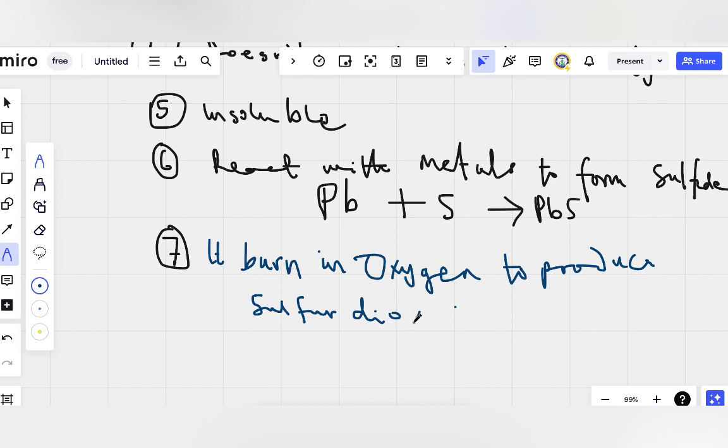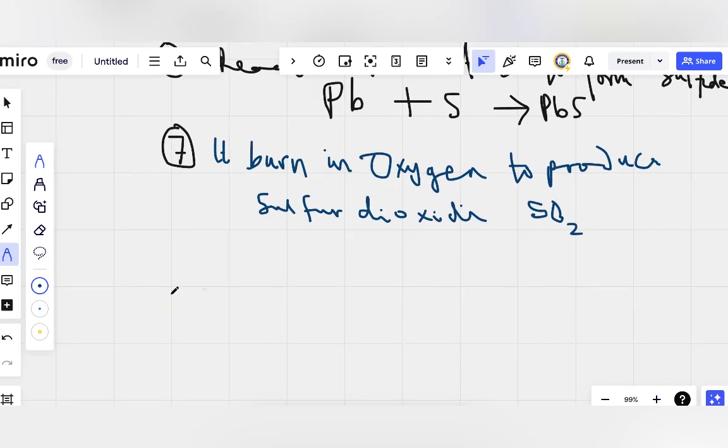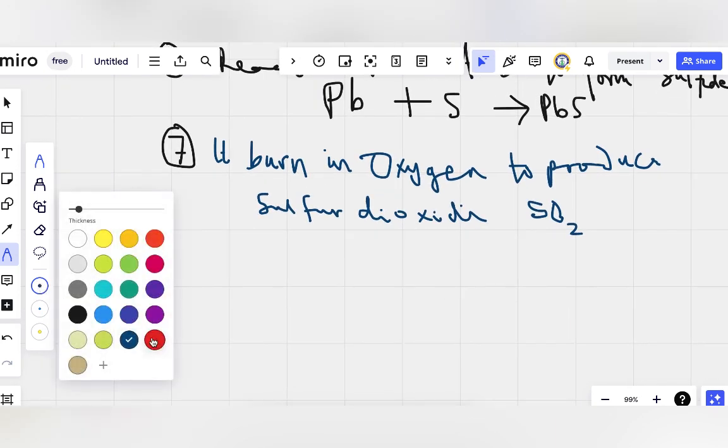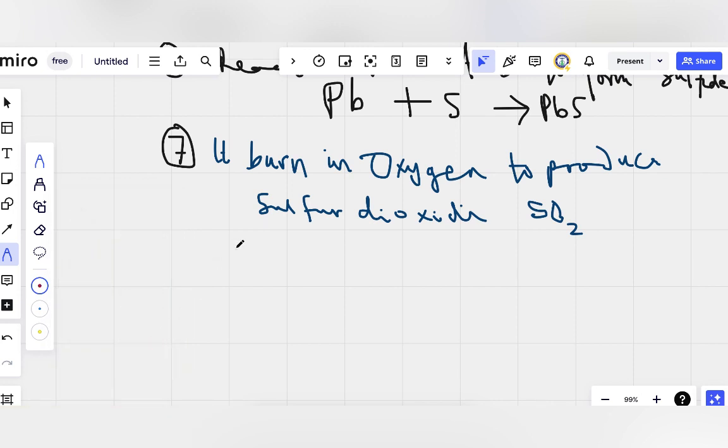It's this next subheading we have in order to call it a day. So to produce sulfur dioxide, SO2, it bonds in air to produce SO2. We can write the equation. Sulfur is a solid. It bonds in air or oxygen. Oxygen is a gas.